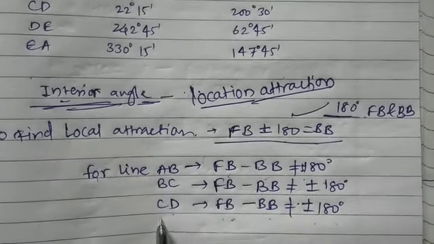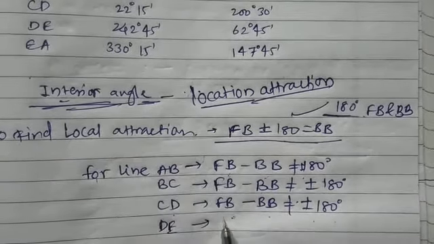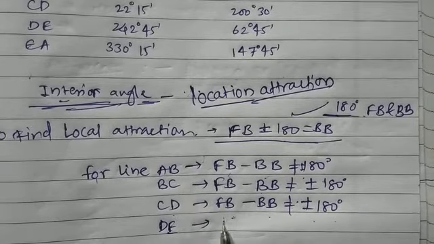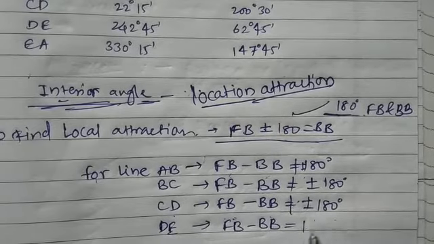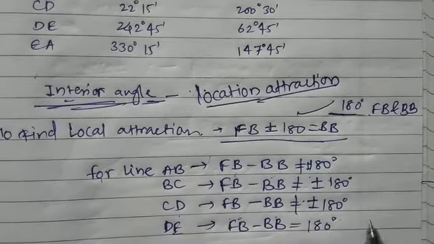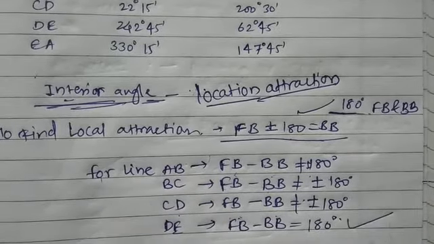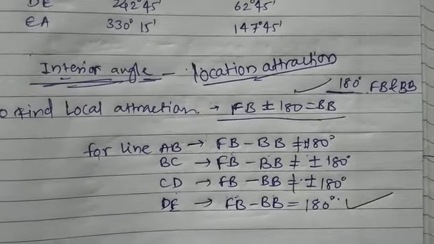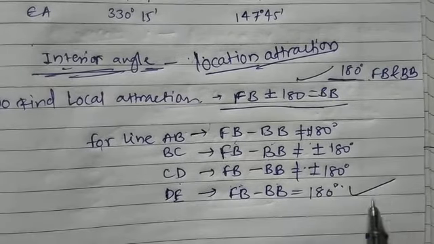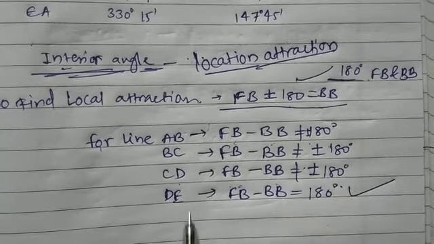Now for line DE, if you check, fore bearing minus back bearing will give us 180 degrees. So I'll mark this right. I'll tell you later what the meaning of this sign is.